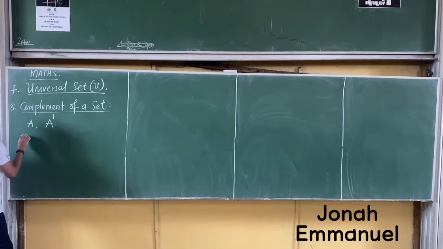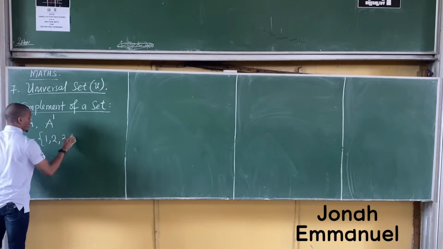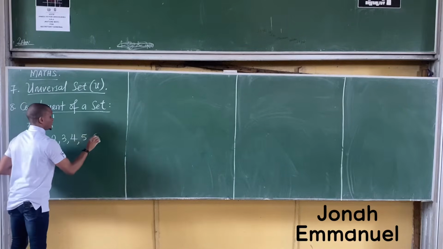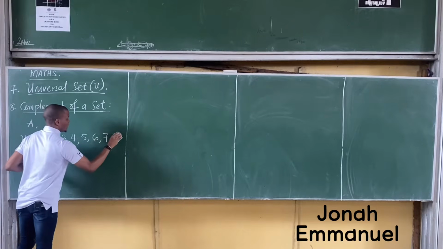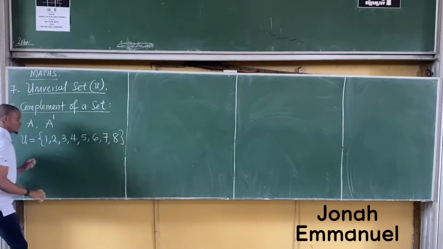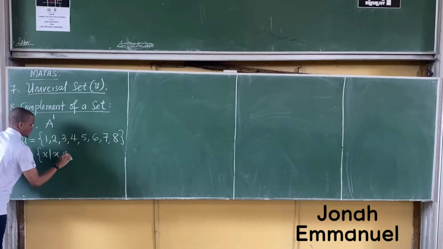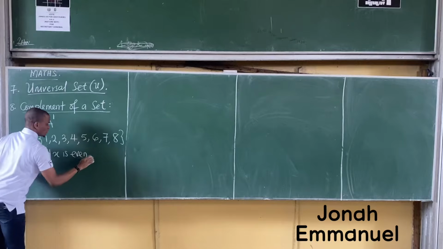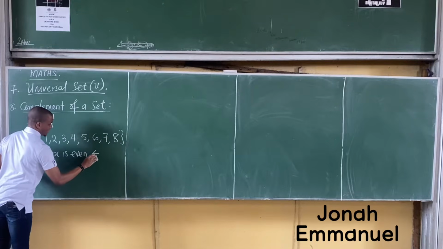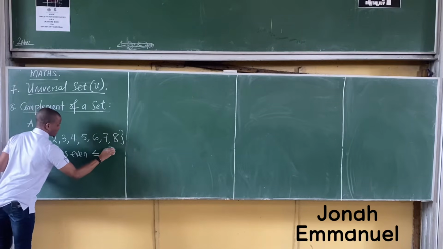Let's say I have a universal set equal to 1, 2, 3, 4, 5, 6, 7, 8. And I have A equal to, using set builder notation, x such that x is an even number less than or equal to 6.